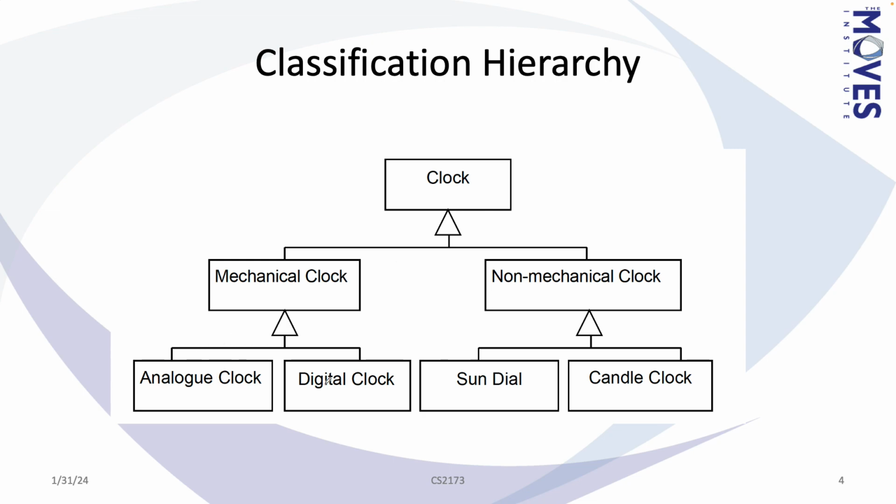We can have an analog, we can have a digital. What are some non-mechanical? Like a sundial, that's a clock, or a candle clock. You light a candle, and basically how far it's burned down will tell you the time. So the point is that as we go up the hierarchy, we are more and more abstract. As we go down the hierarchy, we're more and more concrete. And depending on the context, we may want to get even more specific.